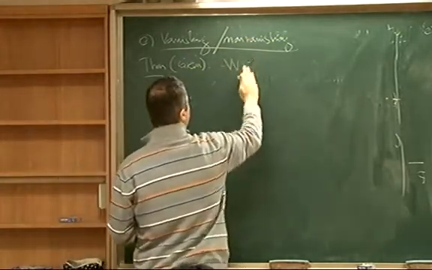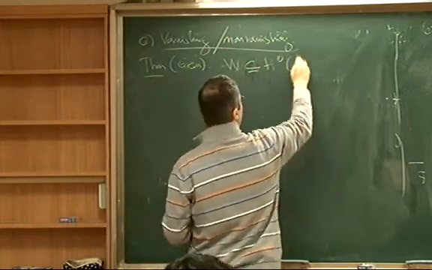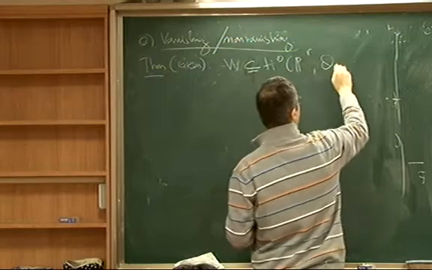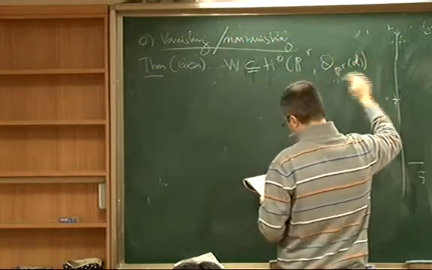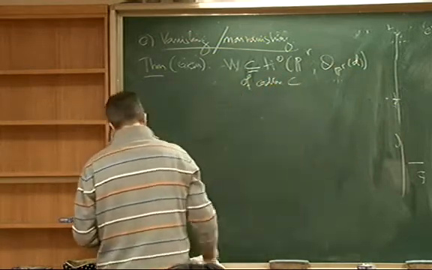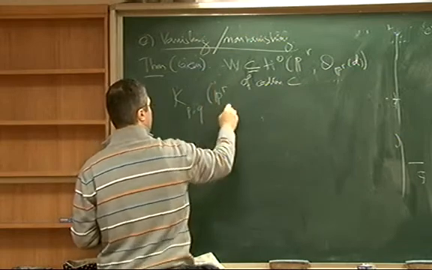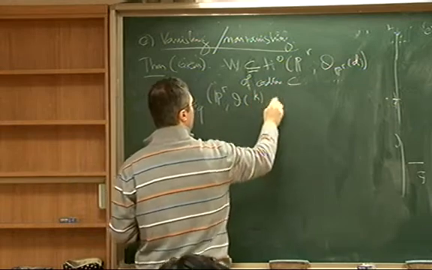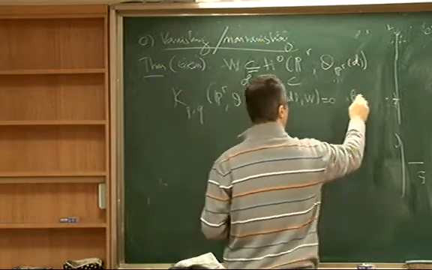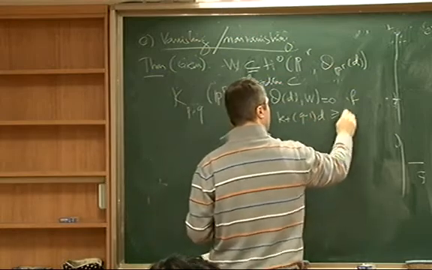So if W is in H^0 of P^r, O_{P^r}(d), of codimension c, then K_{p,q}(P^r, O(k), O(d), W) is 0 if (k+q-1)d is at least p+c.